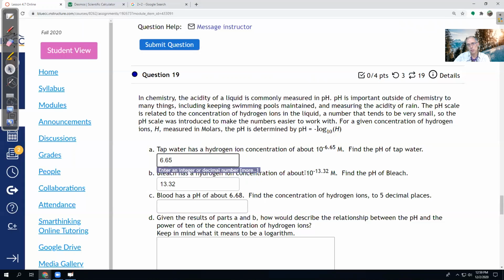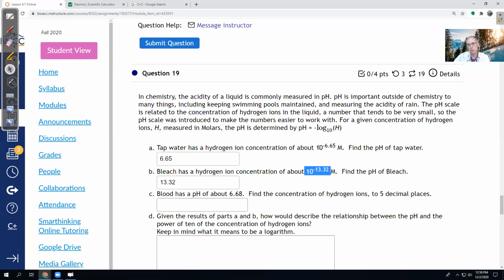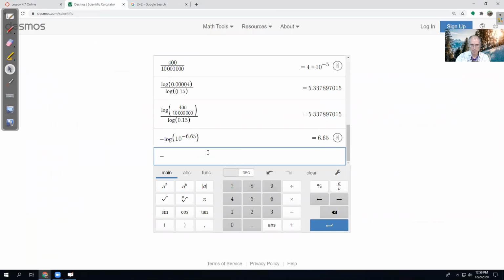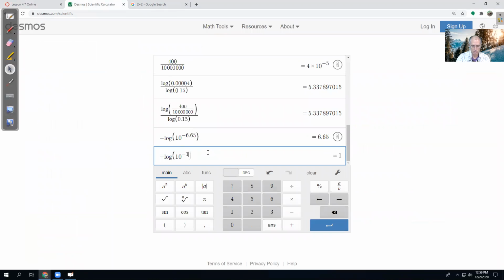If you have any doubt, just plug that number right there into the formula. And remember, log base 10 is the same as log without a base. So on the calculator, I would just type the opposite of the log of 10 raised to the power negative 13.32, or whatever number you were given, and the calculator says, oh yeah, it's 13.32.